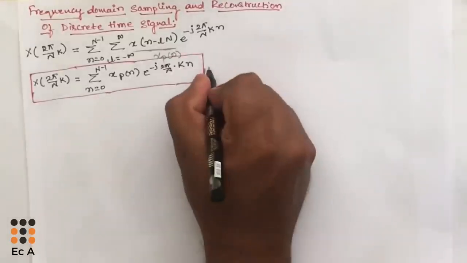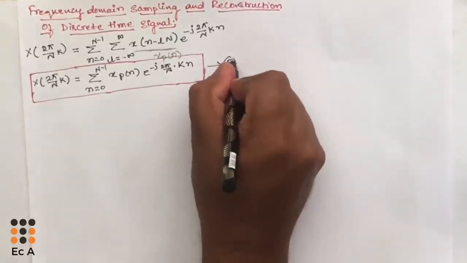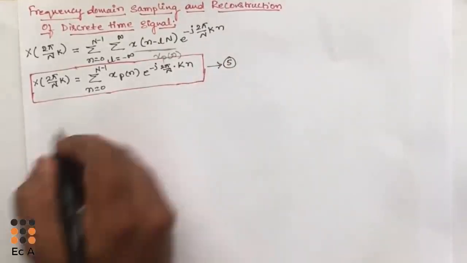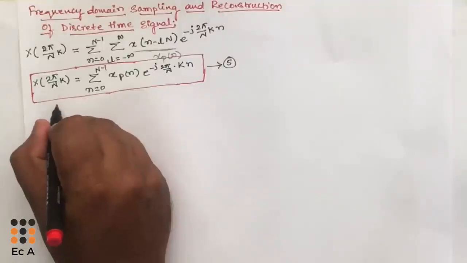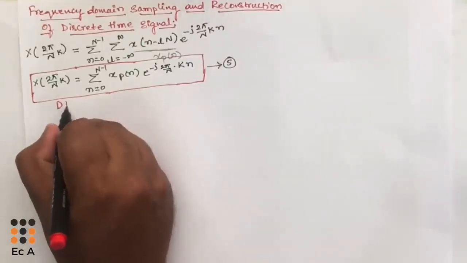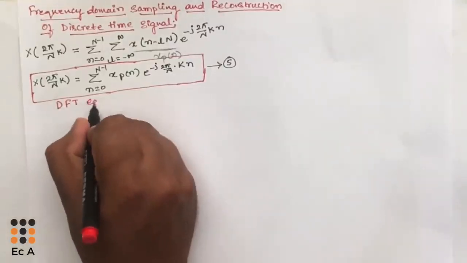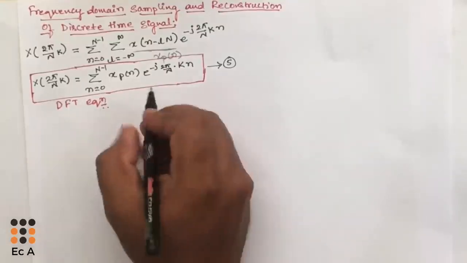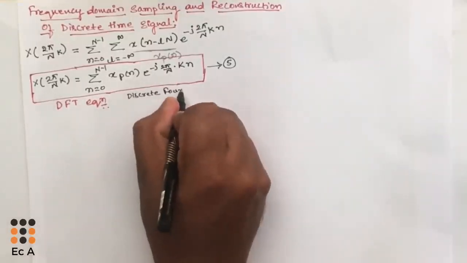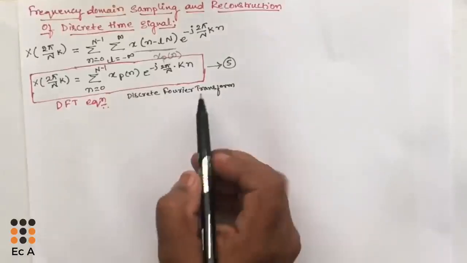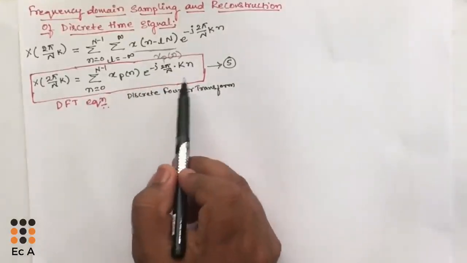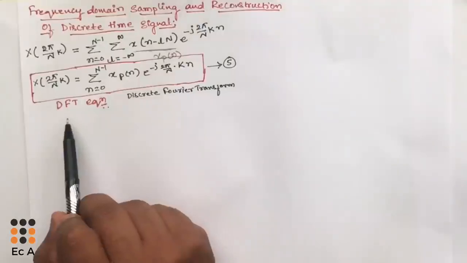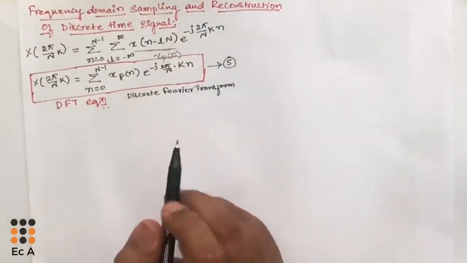Let us call this equation number 5, and this equation is known as the discrete Fourier transform equation. We'll discuss this equation in the next classes. For the time being, remember that this equation represents the discrete Fourier transform equation.